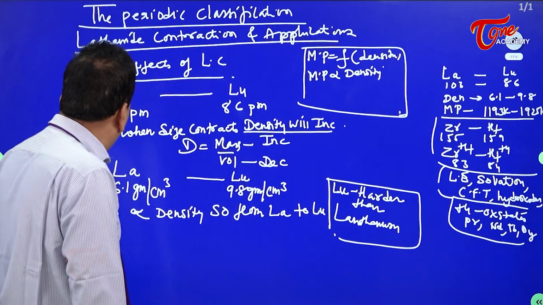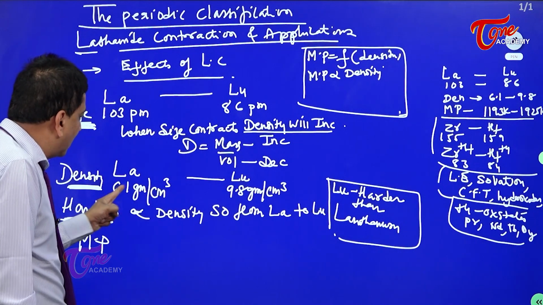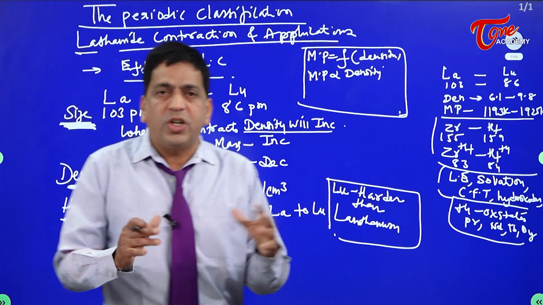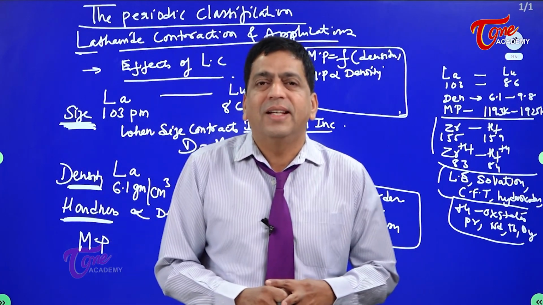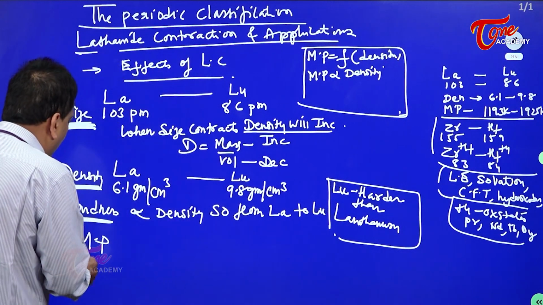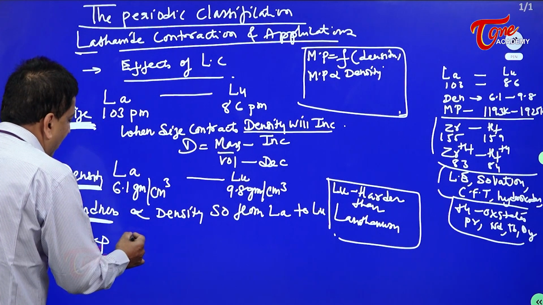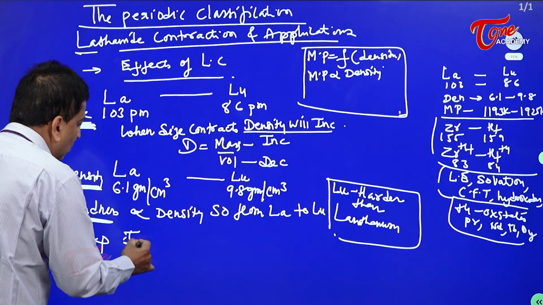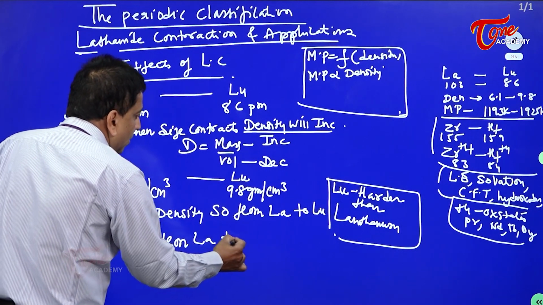As we have a trend here, the density is increasing from lanthanum to lutetium, 6.1 to almost 10 grams per centimeter cube. You can expect the melting points also increasing in the same fashion. Melting point increases from lanthanum to lutetium.